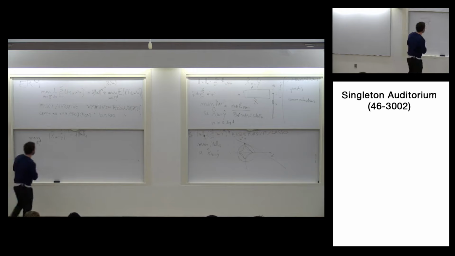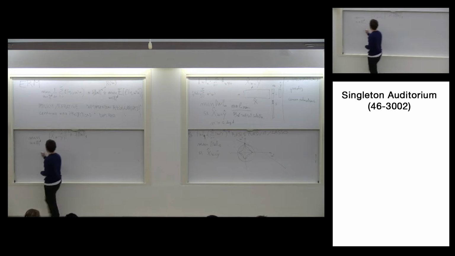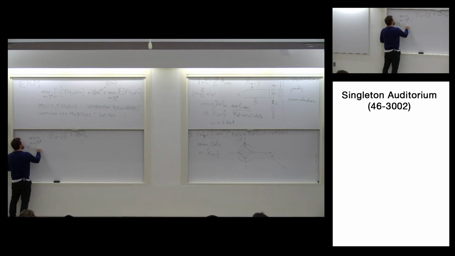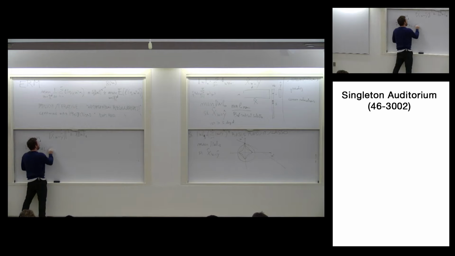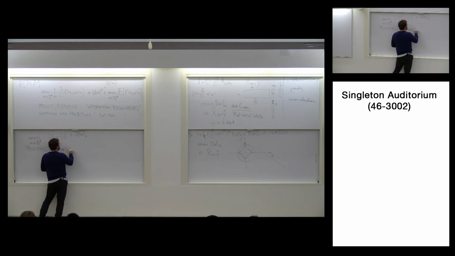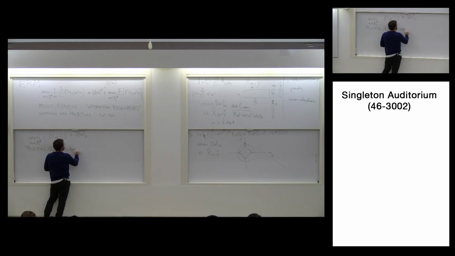And these are essentially what are called proximal or forward-backward splitting, or just splitting methods.